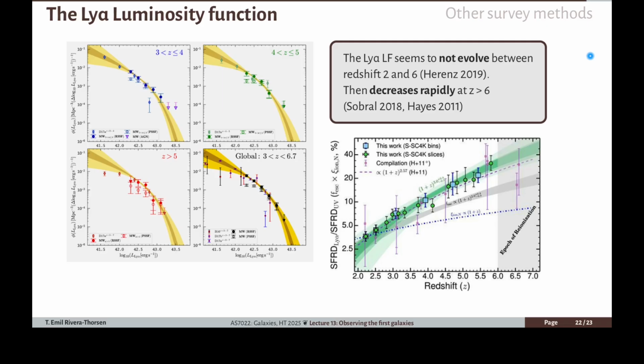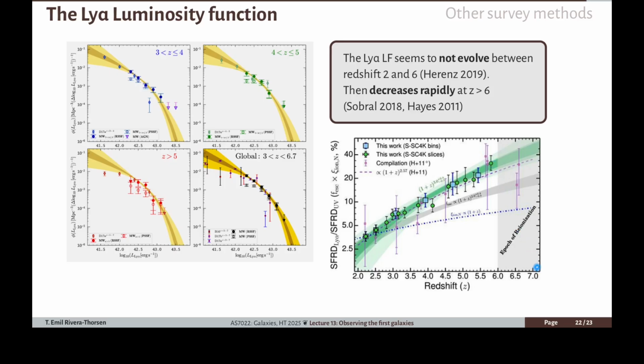But the take-home point from this plot is that Lyman alpha gets stronger and stronger as we go back in time, reflecting a higher and higher ionized state and higher star formation activity in each galaxy, until you reach this point here where the universe is actually not ionized anymore and therefore becomes opaque to Lyman alpha, and the luminosity function drops rapidly and dramatically over a very short redshift range.